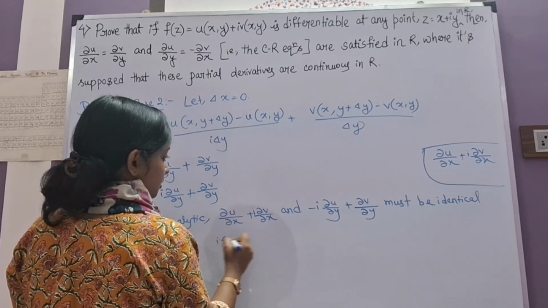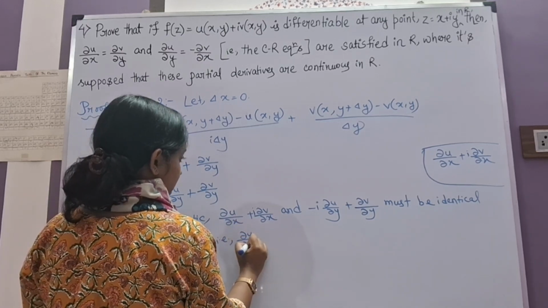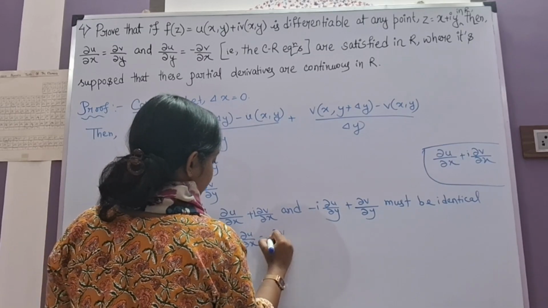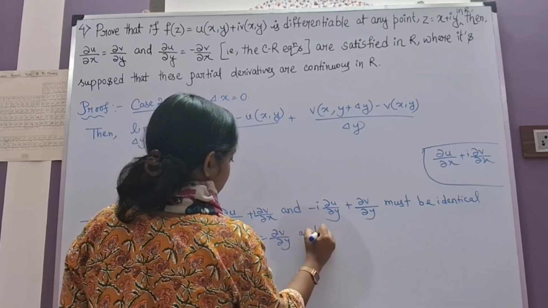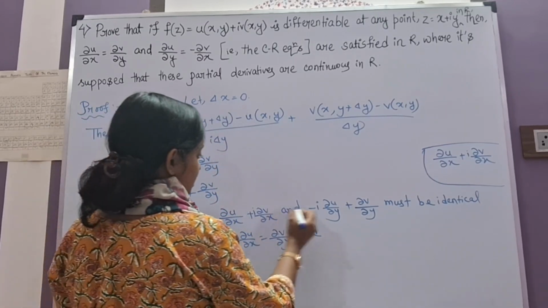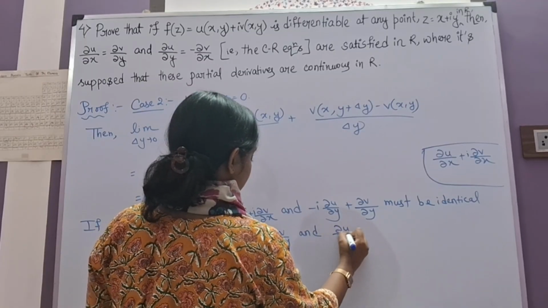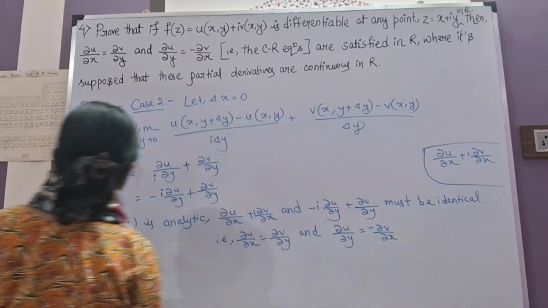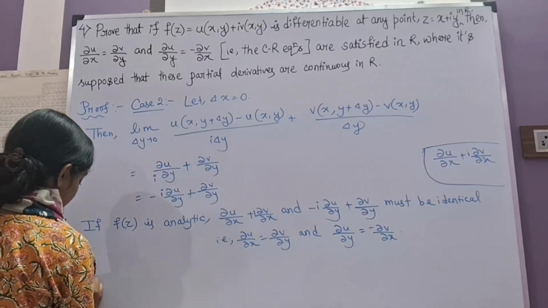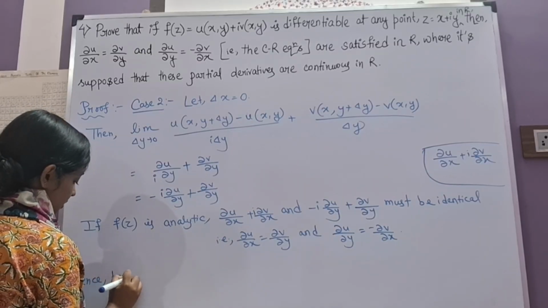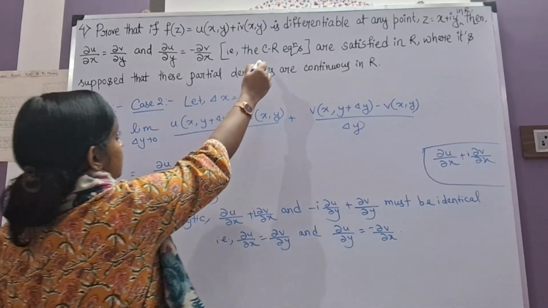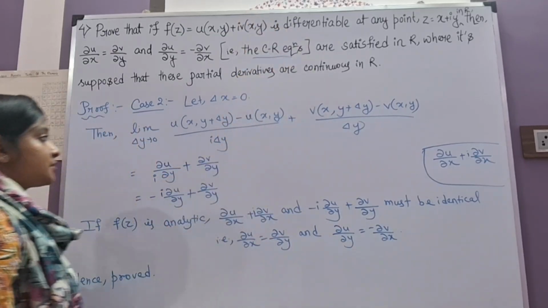That is, del u del x equals del v del y, this is the real part, and if we equate the imaginary parts, what we get? Del u del y equals minus del v del x. Hence the theorem is proved. This is actually the necessary condition for the CR equations.